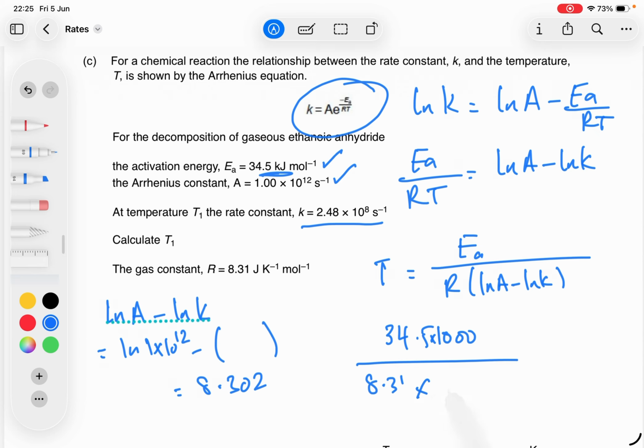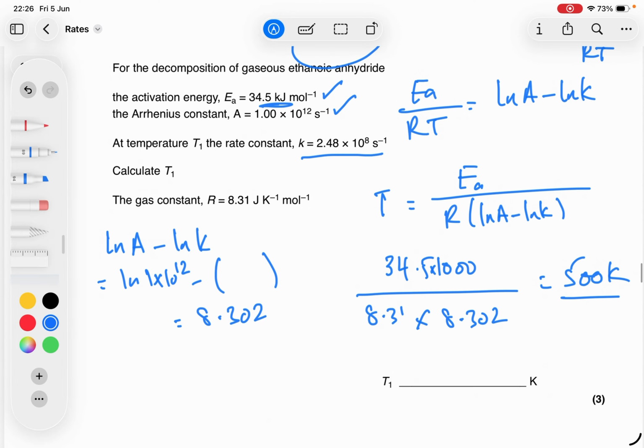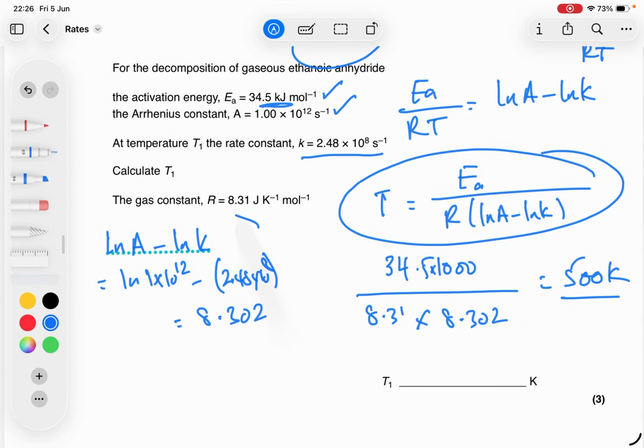So you've got 34.5 times 1,000, divided by 8.31 times 8.302, and that gives me an answer of 500.01, so 500 Kelvin. Note, I rearranged the equation and then worked out that part separately.